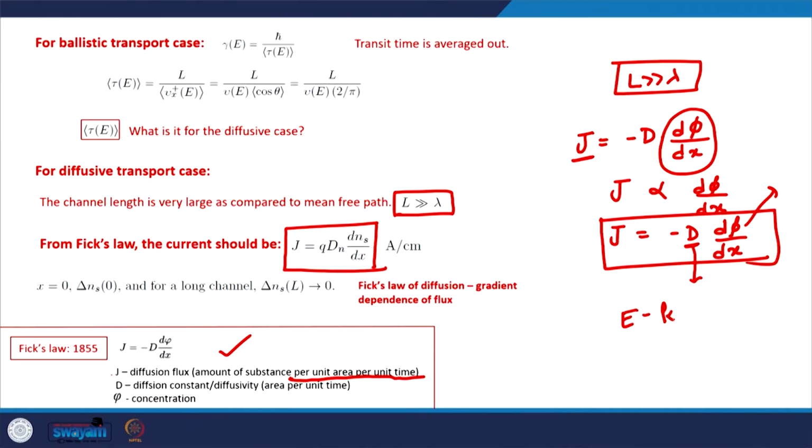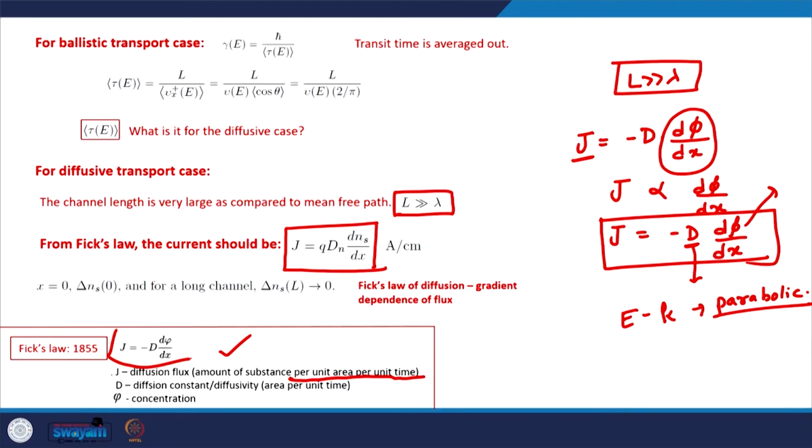So, an electron can be treated as a classical particle with mass equal to the effective mass when the EK relationship is parabolic. When EK is parabolic, which means the effective mass does not change with energy or momentum and is constant in some region, the electron wave packet can be treated as a classical particle.